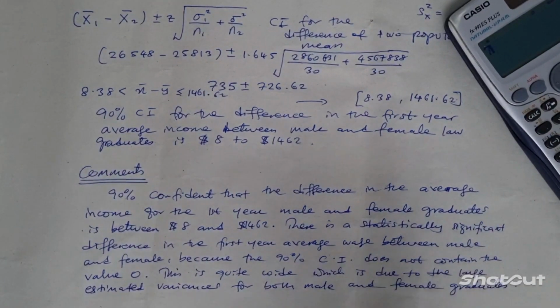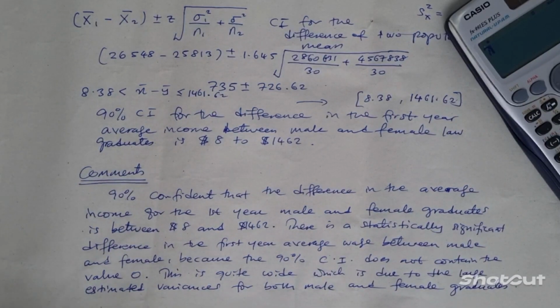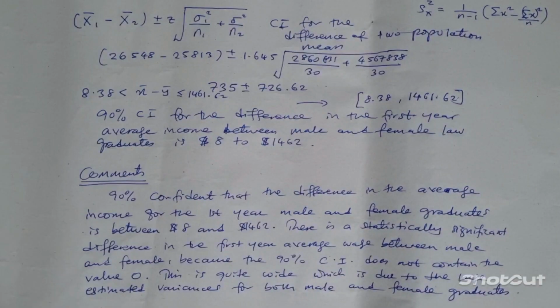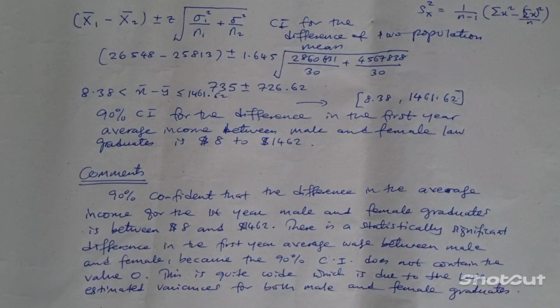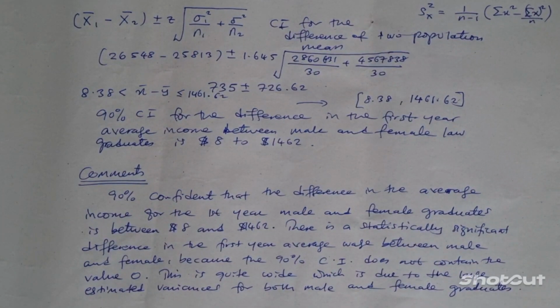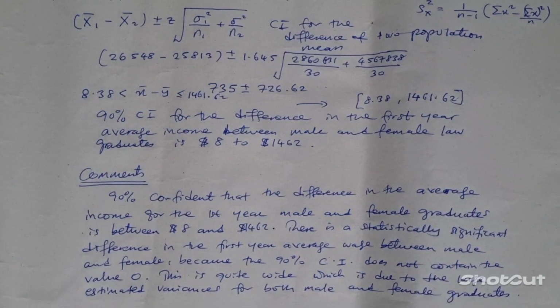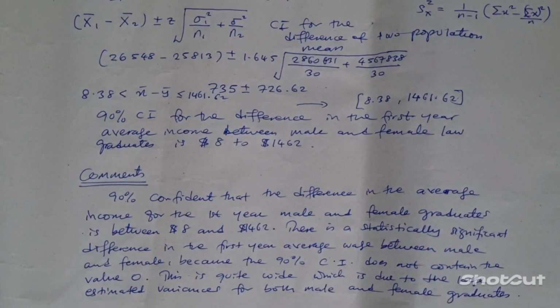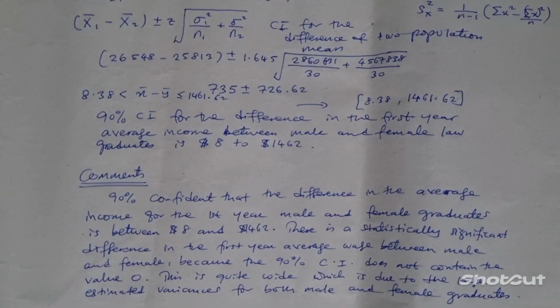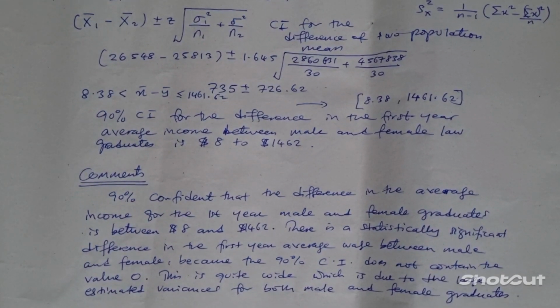So here we are for this question. I hope you've been able to get some understanding of how we go about and calculate the difference between the population means for type of gender over here.